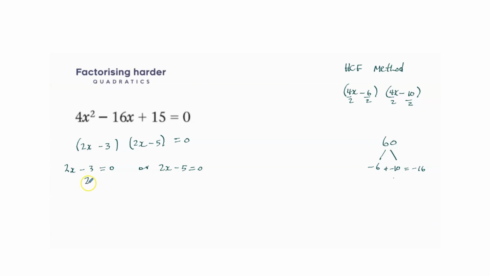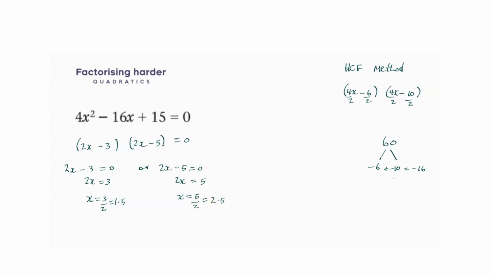So 2x equals 3, so x equals 3 over 2 or 1.5. Let us add 5 both sides. So we have 2x equals 5, so x equals 5 over 2 or 2.5.